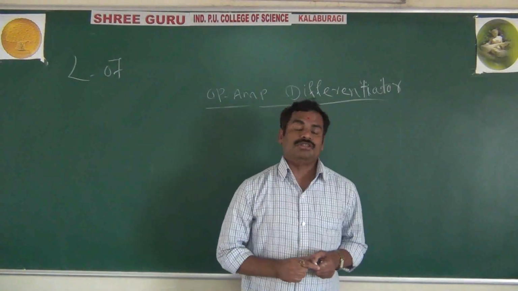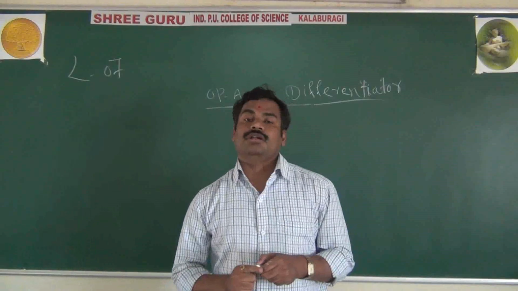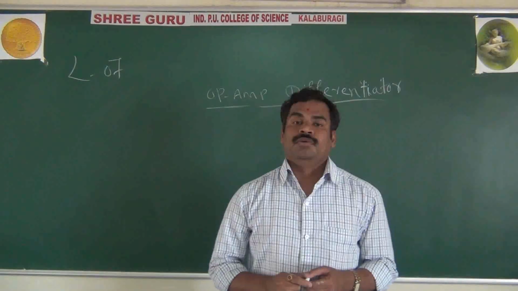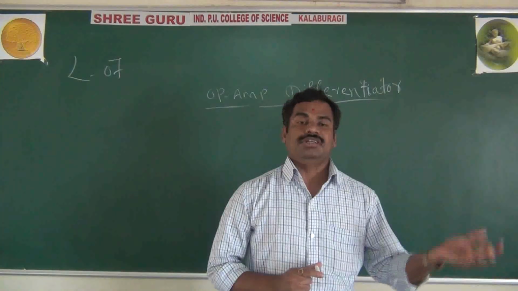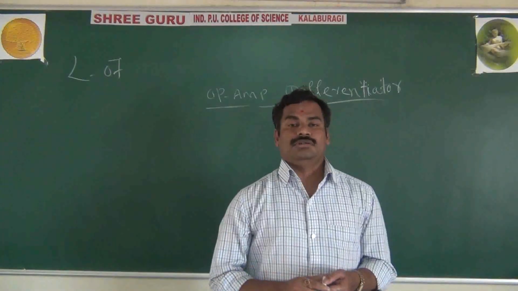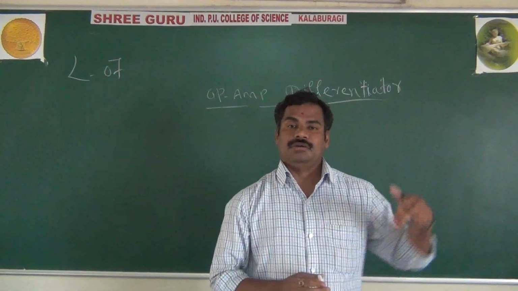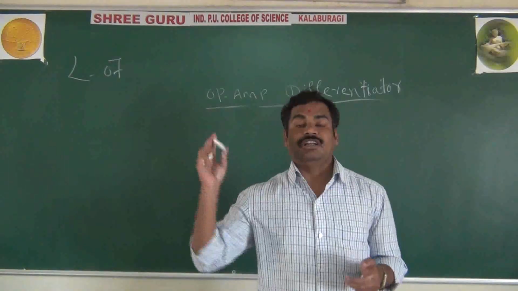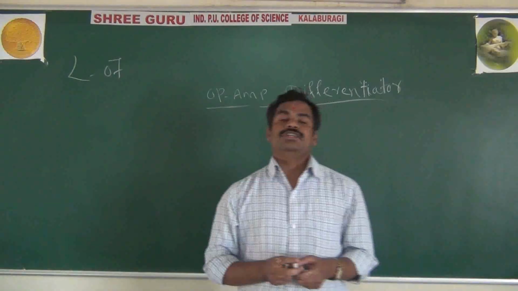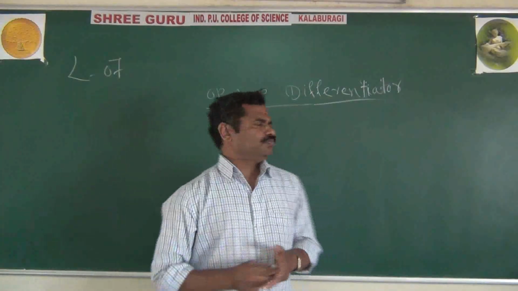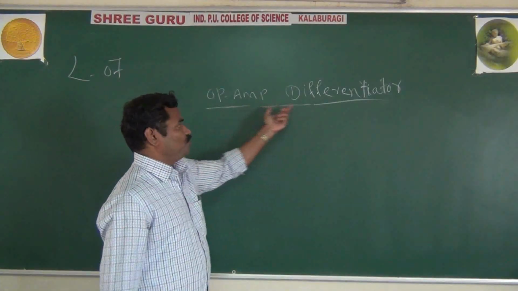Especially, operational amplifiers are used in analog computers to do addition, subtraction, multiplication, differentiation, integration. It means by using the op-amp, you can go for the differentiation of signals, or for the integration of signals. And that is called the op-amp used as a differentiator.